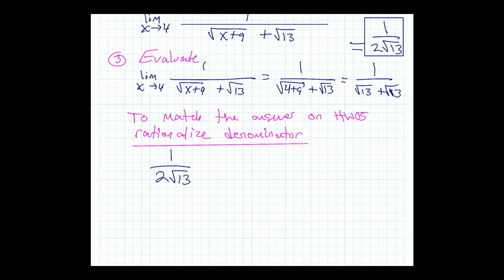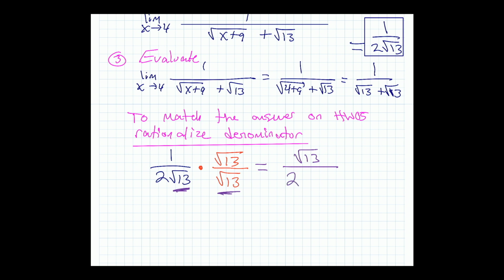So to rationalize this, you just multiply by square root 13 over square root 13. You should remember that from other classes, not from this class. And then on the top, you end up with square root 13. On the bottom, you have square root 13 times square root 13, right?